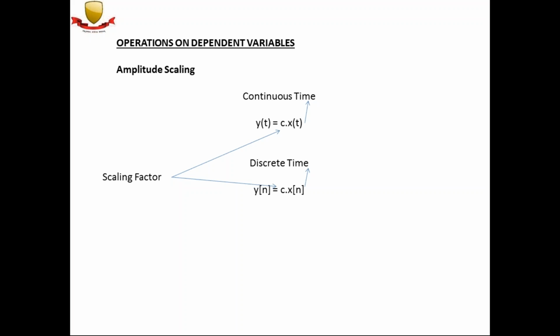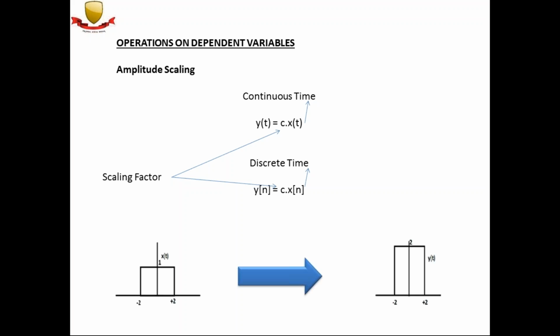Now, you can see in the below figure that this is a square signal. It's ranging from -2 to +2, and its amplitude is +1. Once you perform this amplitude scaling, it goes to 2 in your y direction. This is one example of amplitude scaling.